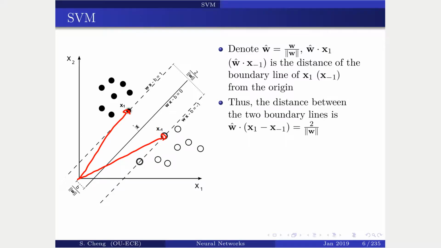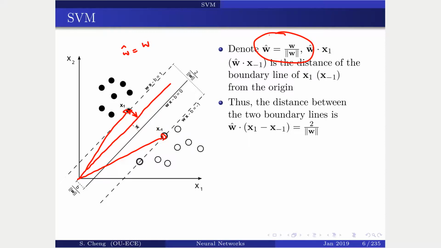So then, let me draw this nicely. This distance will be simply x1 dot w hat, where w hat is the normalized w.